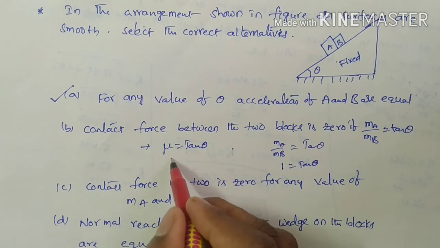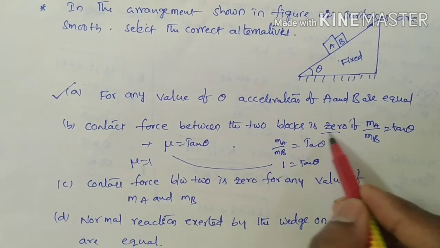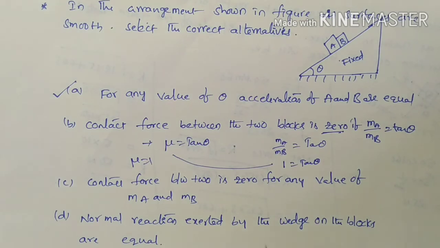According to this, mu is equal to 1, not 0. It is not equal to 0 if these two are equal. It is equal to 1. The coefficient of static friction between these two bodies is 1. That is the formula.